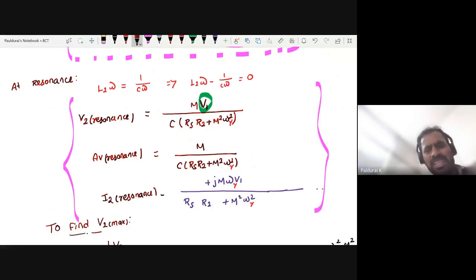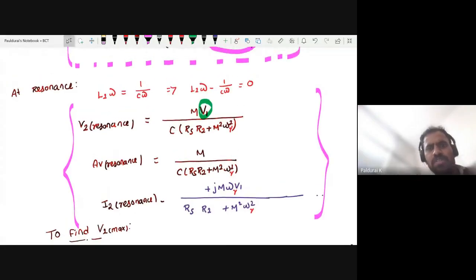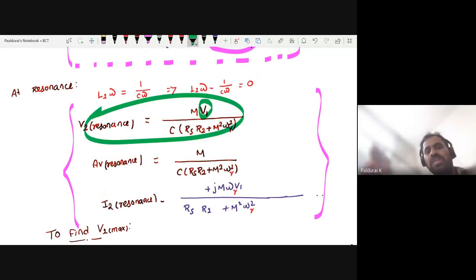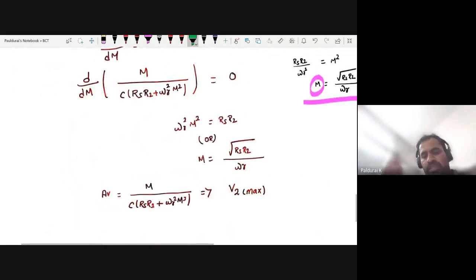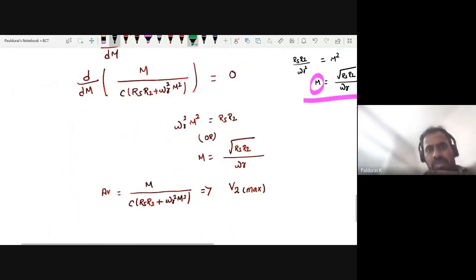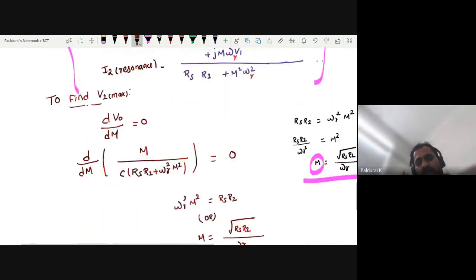Or otherwise, just take the V2 output voltage formula, then we will come to gain. So take this formula: V2 output voltage equals M times V1 divided by C times Rs R2.